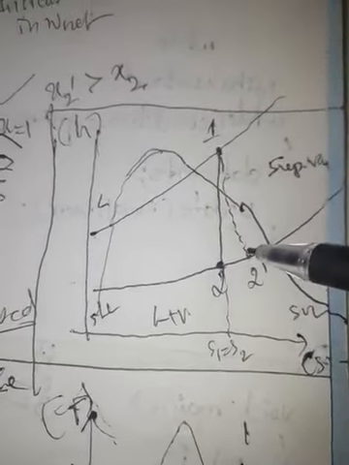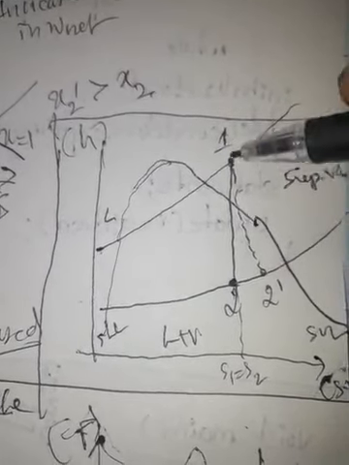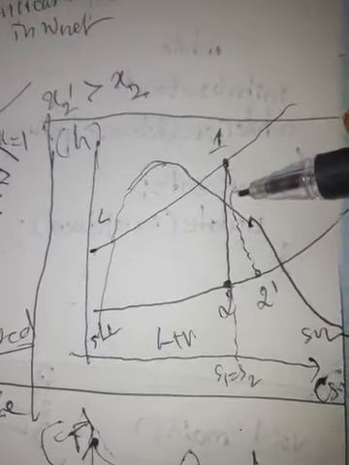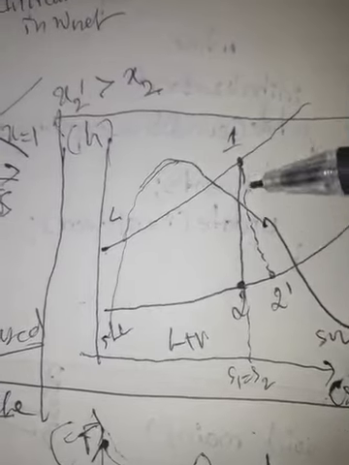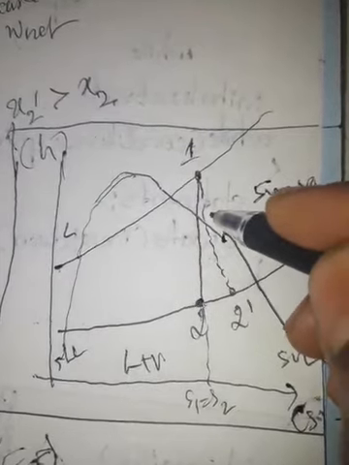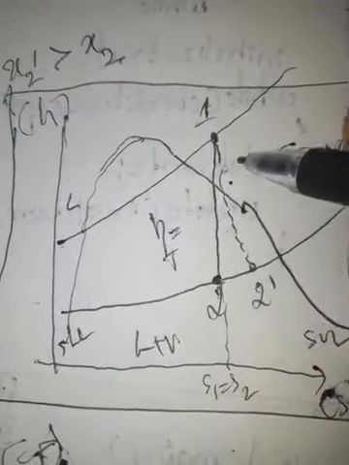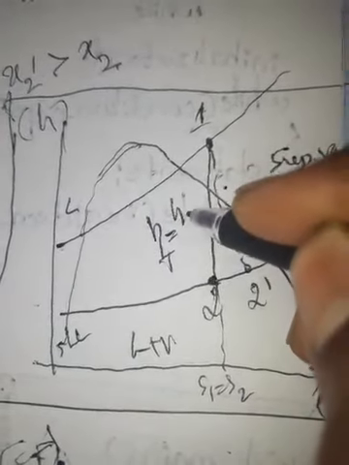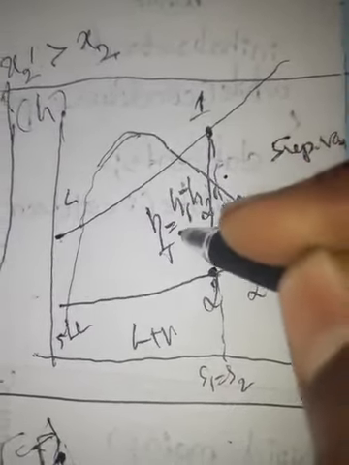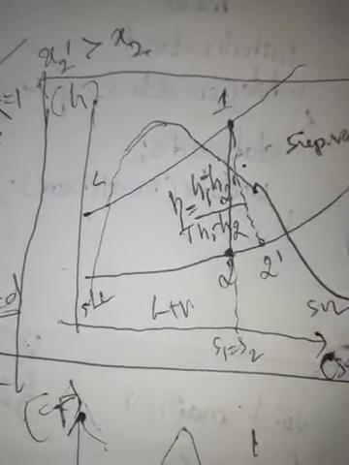So turbine efficiency I define as actual enthalpy change divided by ideal enthalpy change, that is, turbine efficiency is equal to H1 minus H2 dash divided by H1 minus H2. So this is the turbine efficiency formula.